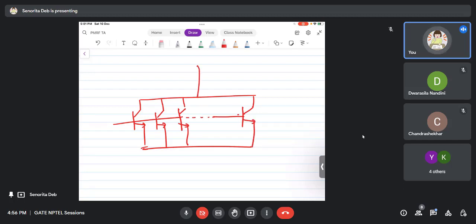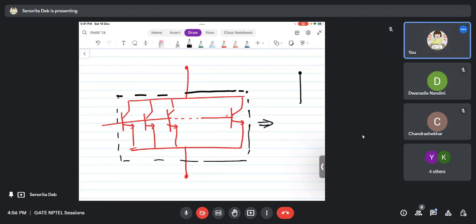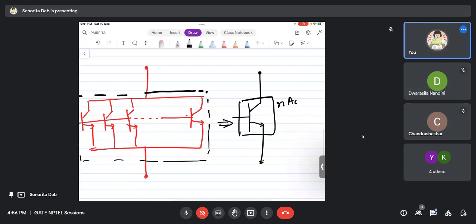This is one terminal, this is one terminal. Now all these transistors together are nothing but a bigger transistor.